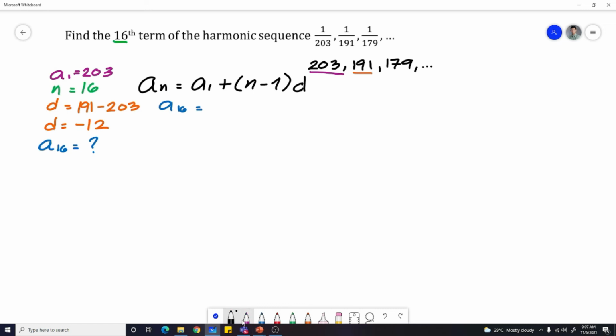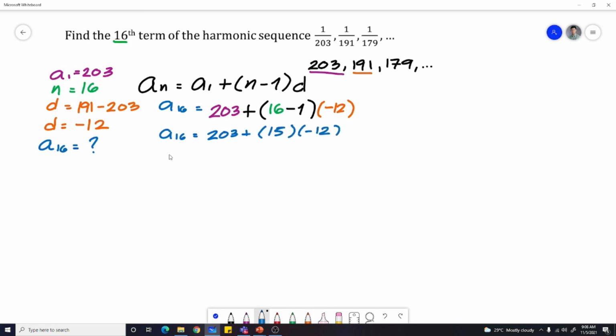So let's substitute the given. a sub 16 is equal to 203 plus 16 minus 1 times negative 12. Now let's simplify using the order of operation, starting with 16 minus 1. That will give us 15. And let's multiply 15 and negative 12.